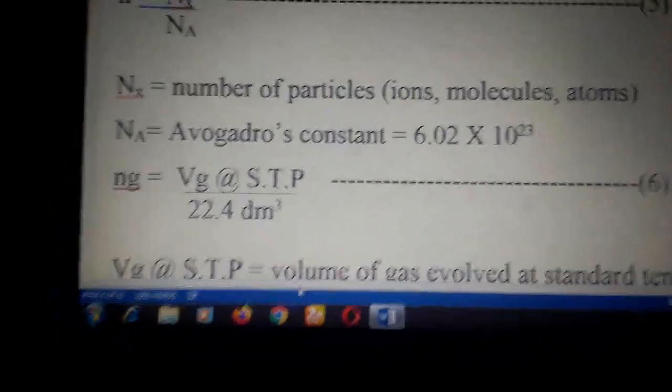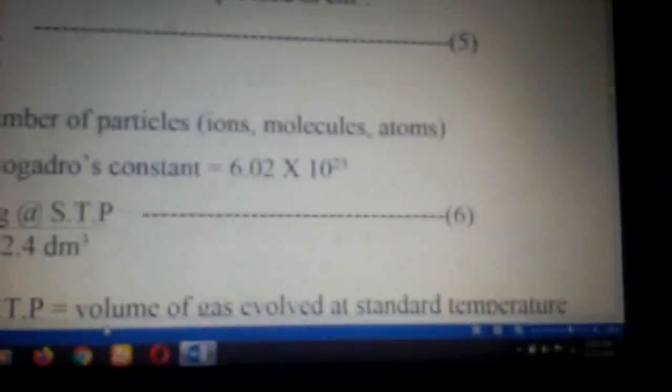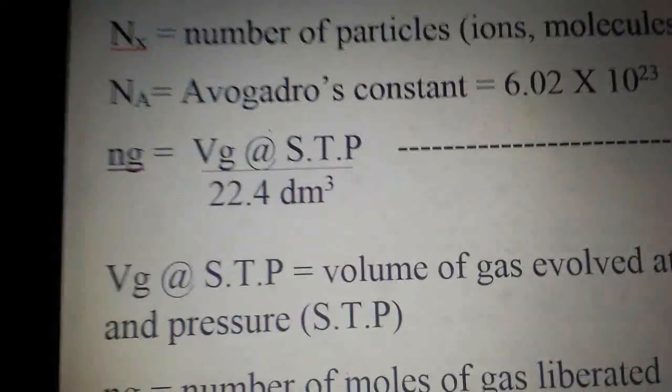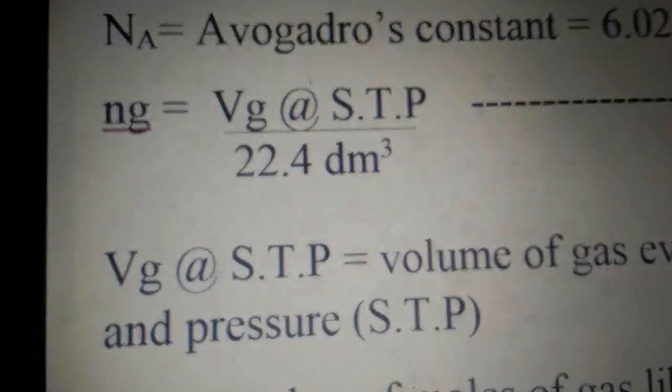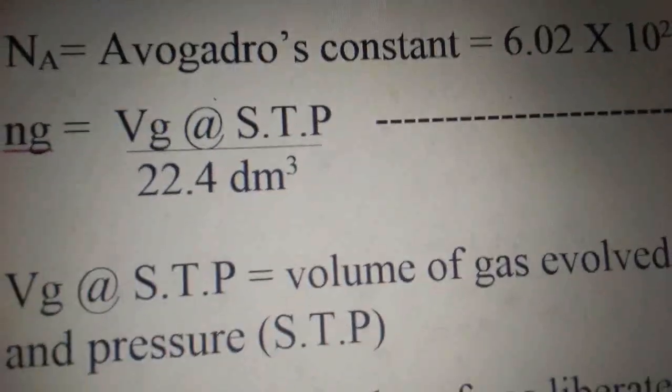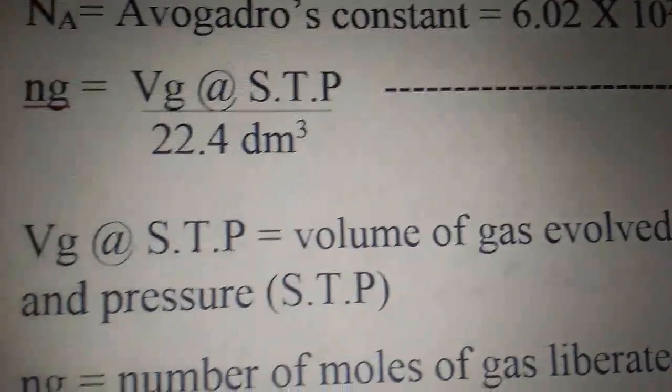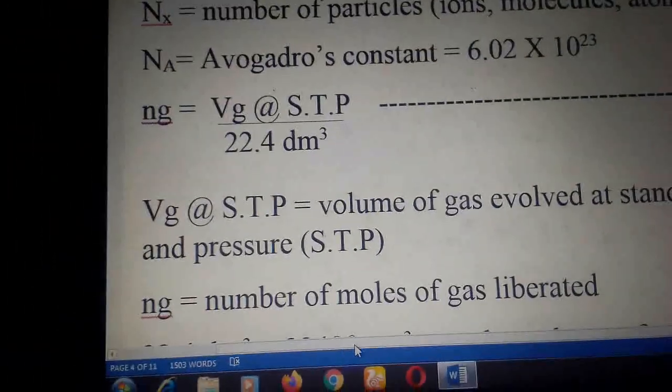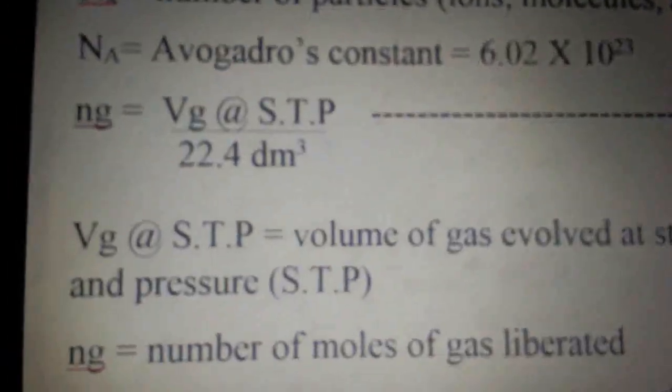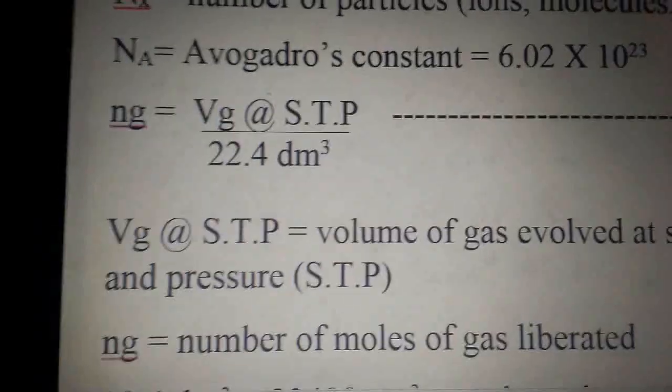Then equation 6, number of moles of a gas. This is gaseous mole, Ng, equal to the volume of the gas at standard temperature and pressure all over 22.4 dm cube. That 22.4 is a constant, while the volume of gas at the numerator should be expressed in dm cube for this to work.